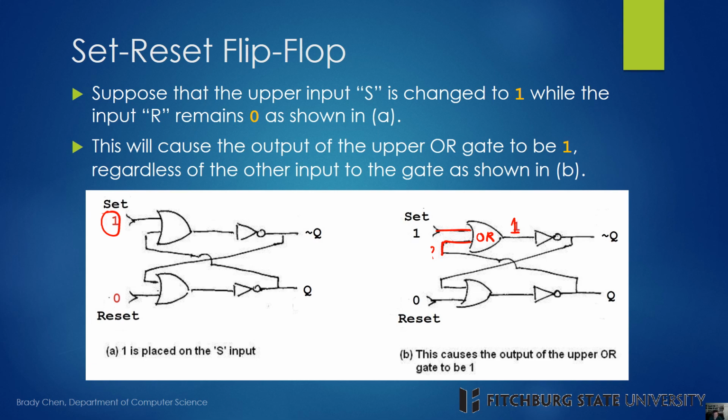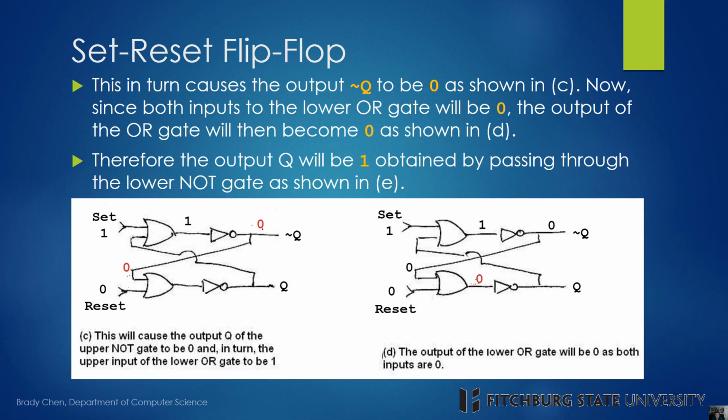Okay, let's move forward. So once we set the set input value to 1, we know the output of the upper OR gate becomes 1. And then the output of the upper NOT gate will be 0, right?